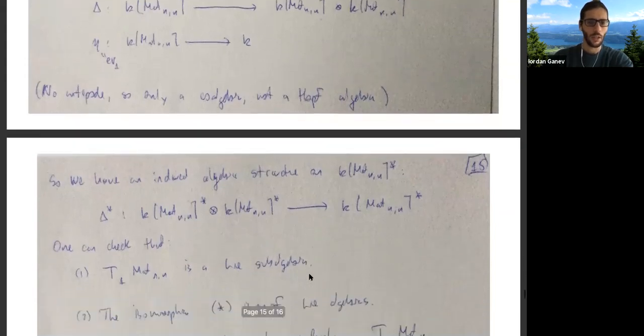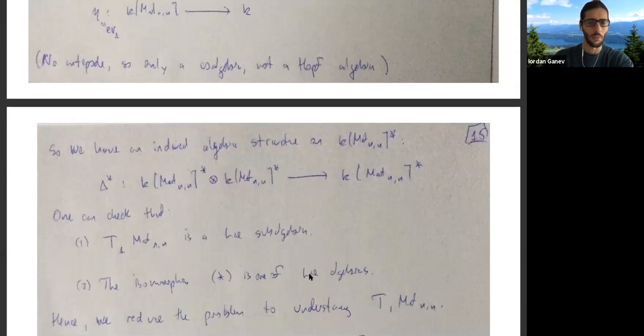And you can check, it's pretty much the same proof, that the tangent space at the identity of n by n matrices is a Lie subalgebra of this dual space. I think in that proof we didn't use the antipode or the hexagon axiom or anything, so it's fine.